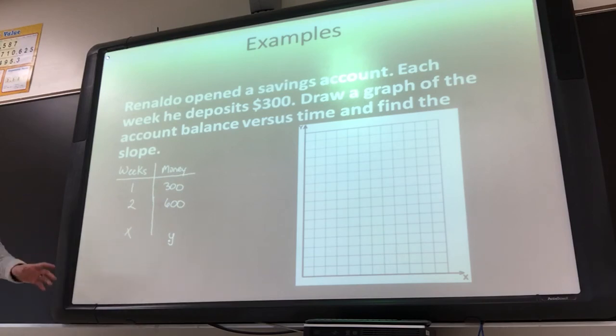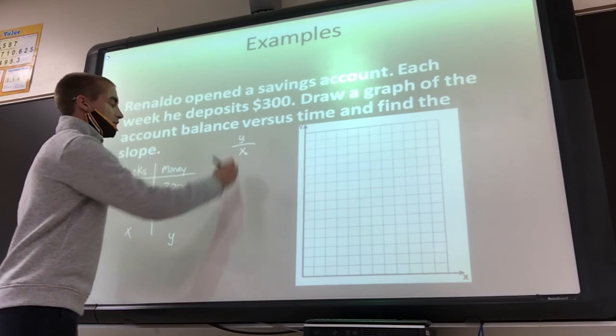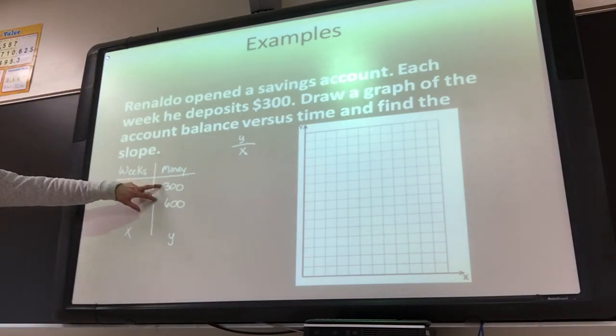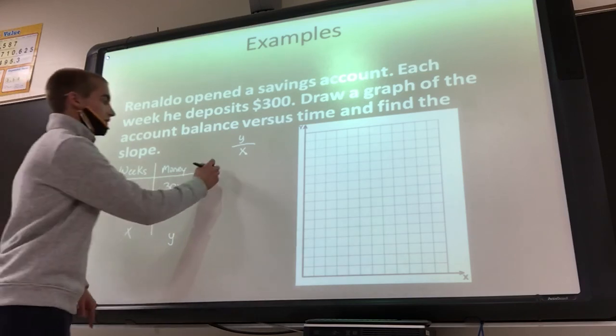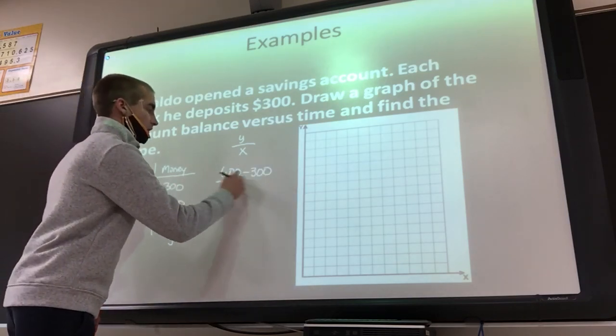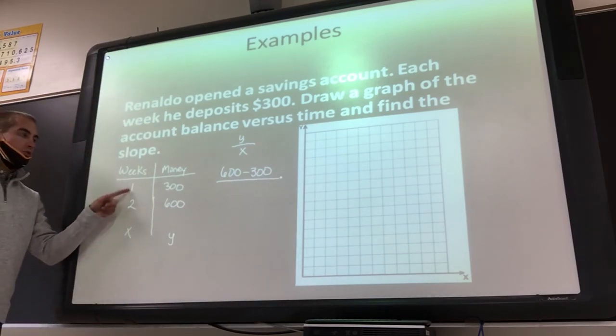So to find the slope, we're going to do y over x. So we pick the two y values, and we're going to do 600 minus 300. And then at the bottom, it'll be the two x values, which will be 2 minus 1.